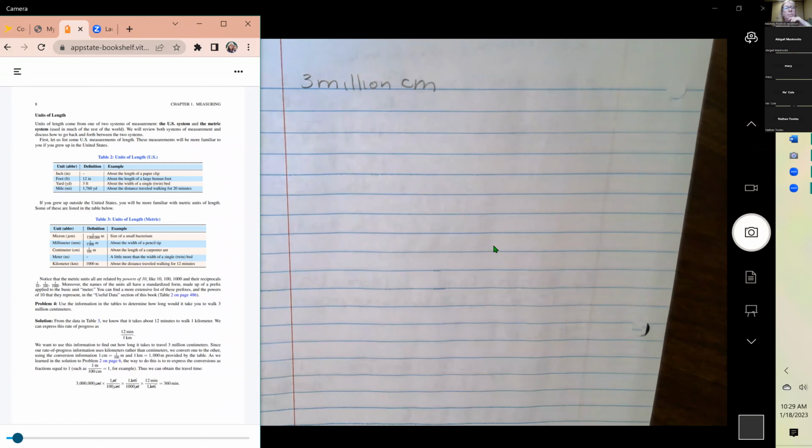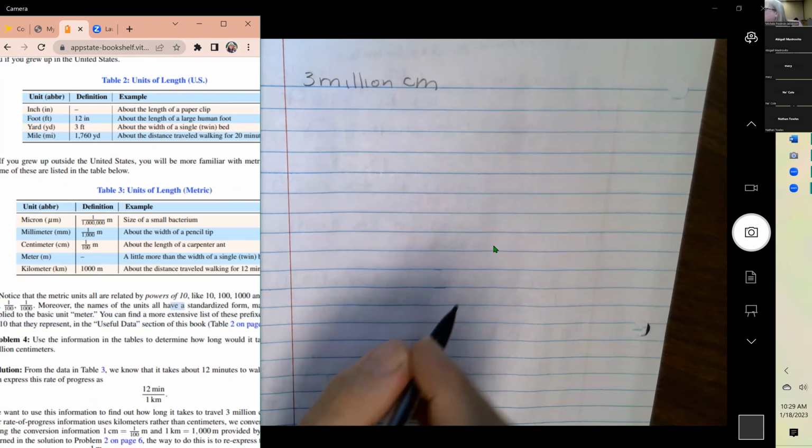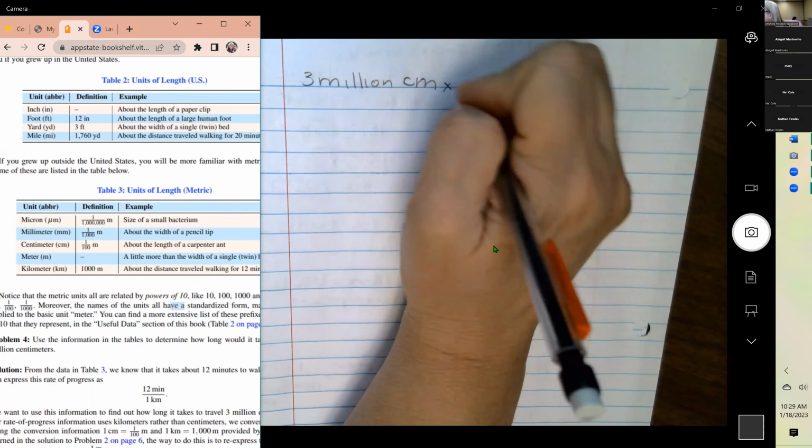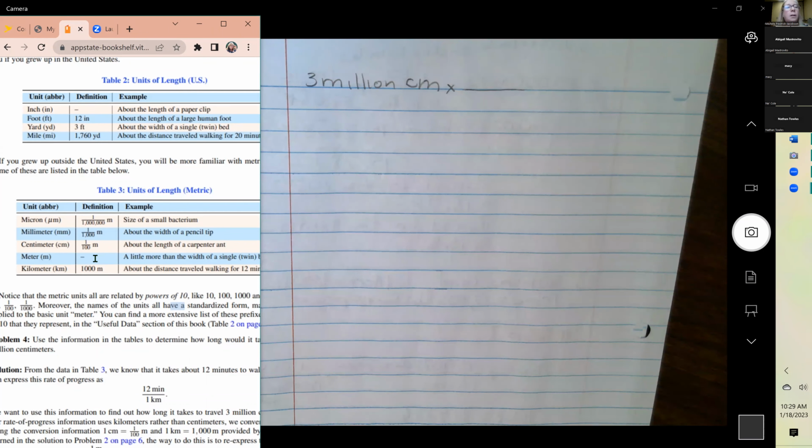So we have 3 million centimeters. Now we can change it to meters. We know that 1 centimeter is 1 over 100 meters, or 1 meter is 100 centimeters.